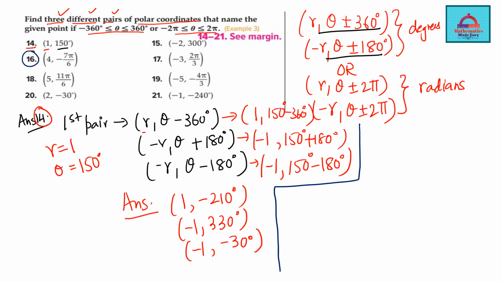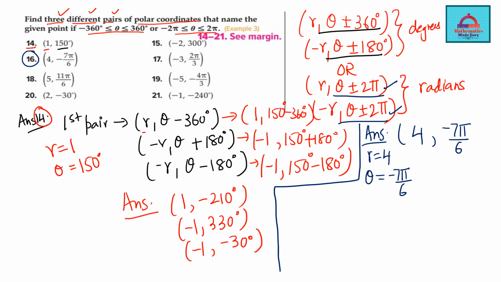Let's do this one. So I'm going to use this formula. Okay, so r is 4 and theta is minus 7 pi by 6. So I'm going to use 2 pi here. So this will give you 4 comma minus 7 pi by 6 minus 2 pi.